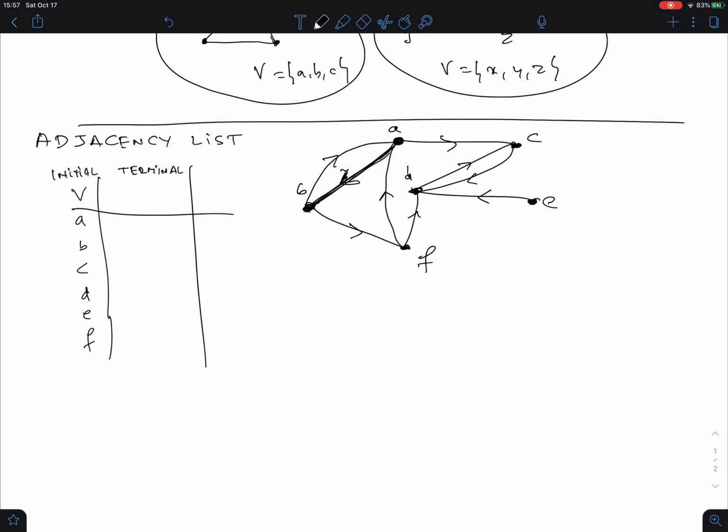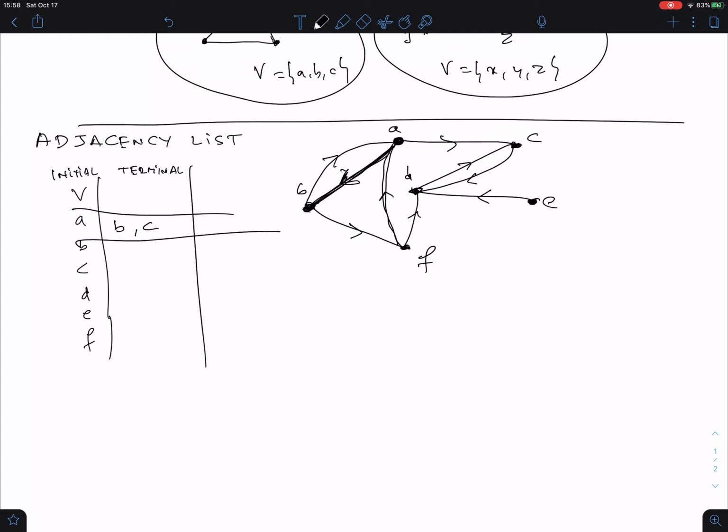B is a neighbor because you go from A to B. But what about F? There is a connection between them, but it is in the opposite direction. So A is not an initial vertex in this arrow, so we should not mention it. So we have only B and C. That's for A.